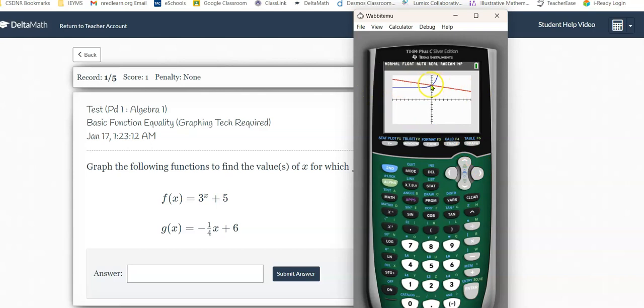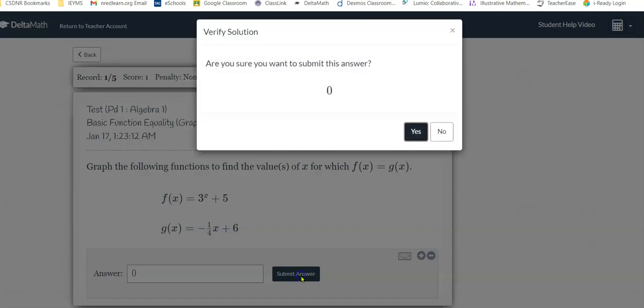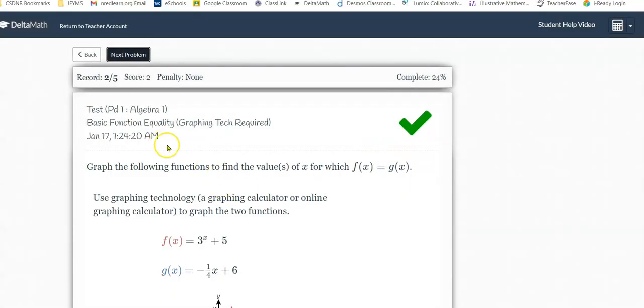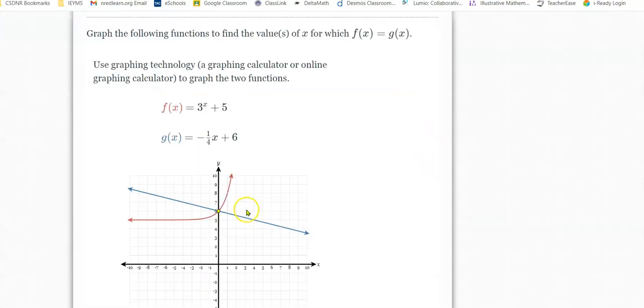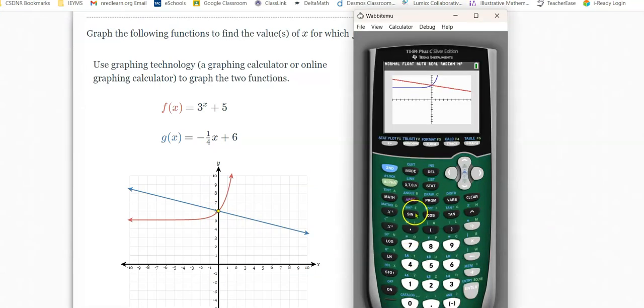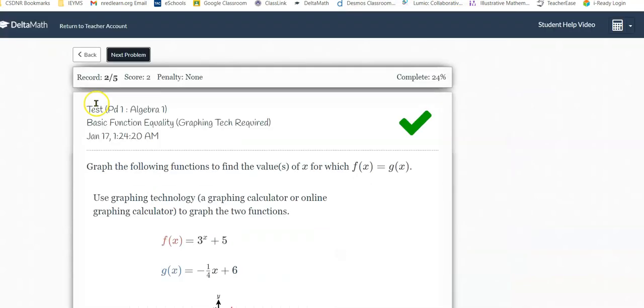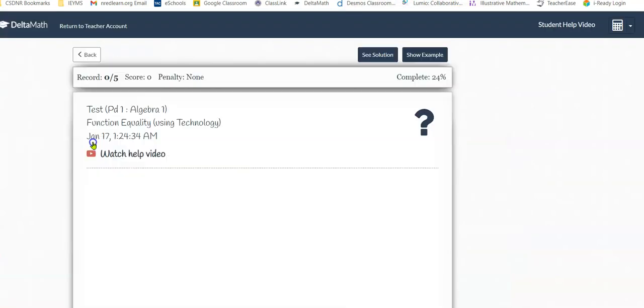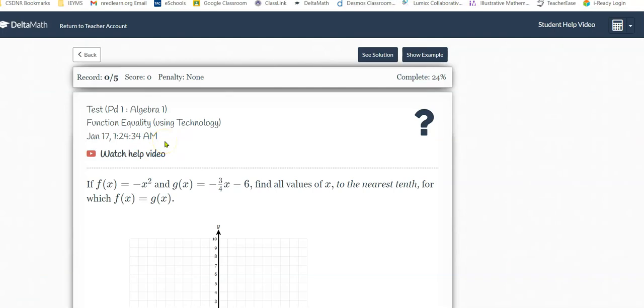Nope, looks like there's just that one at 0, so I'm going to type that in. So use your graphing calculator to type each function, and then look at the graph, and then confirm by looking at the table.